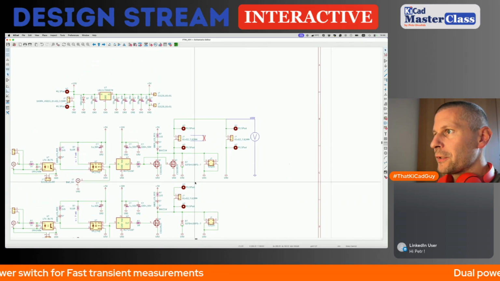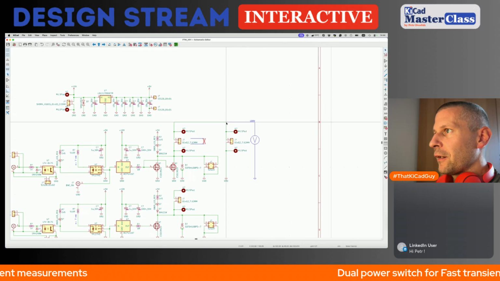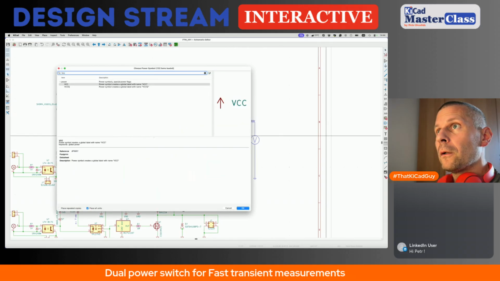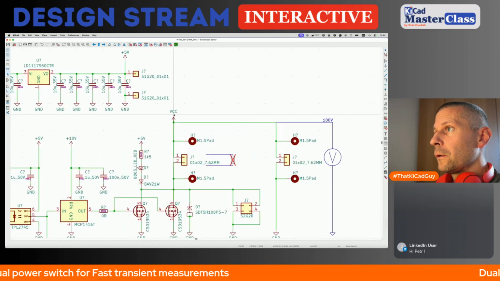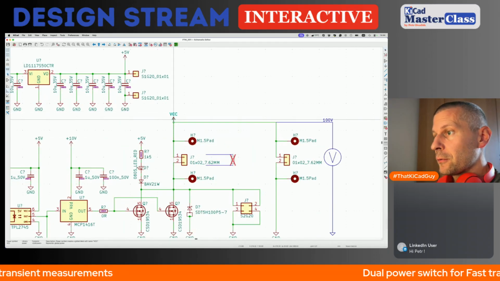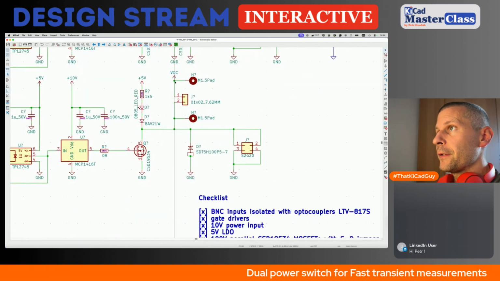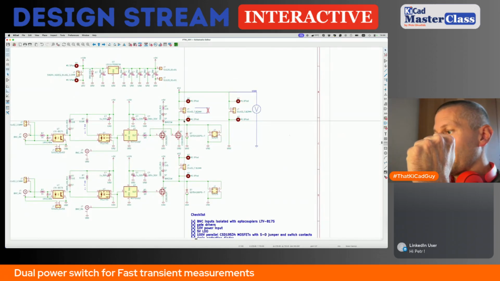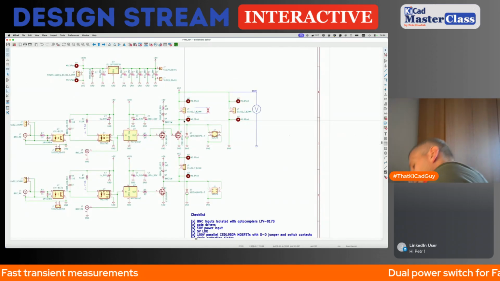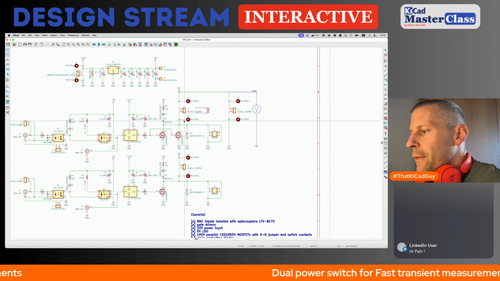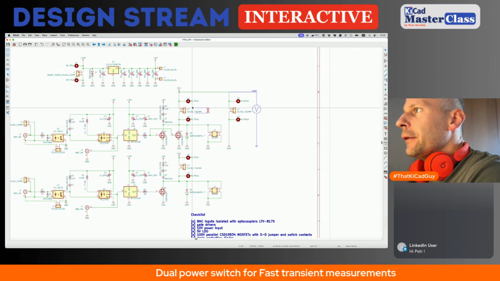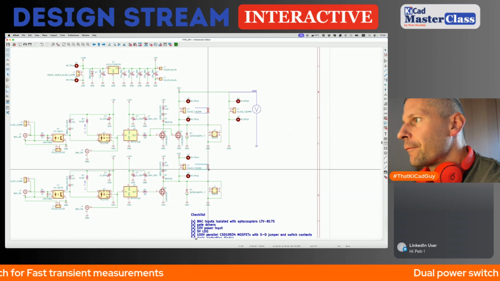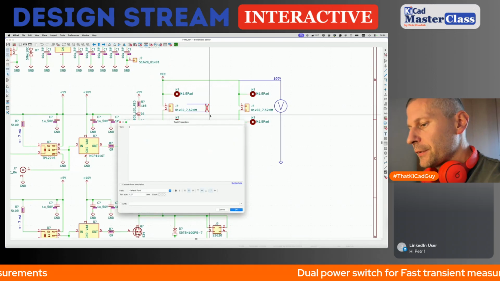Because this is the light load switch, which shares the external voltage, I can use this. Okay, so here are our terminals with mounting holes. Here will be our load connected to the terminal. This is heavy load.